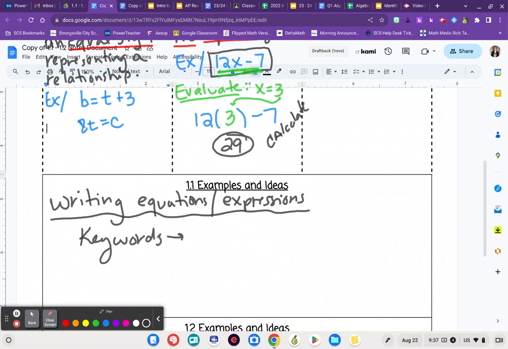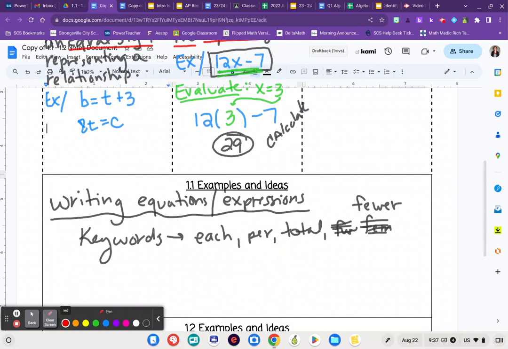Right, so keywords would be things like each, or per, or total, or fewer, more than, less than. Okay, keywords that are kind of trying to tell us what operation we should be using.